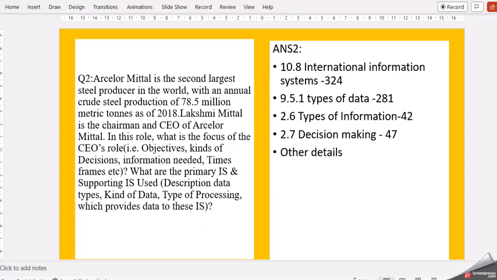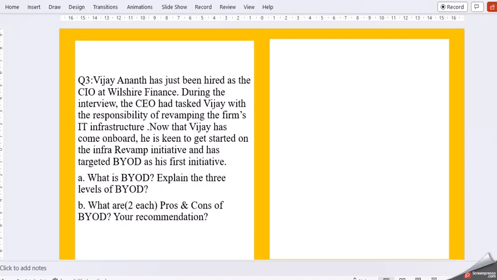Okay, moving to question 3. In question 3, Vijay Anant has just been hired as CIO, Chief Information Officer, at Wilshire Finance. During the interview, the CEO had tasked Vijay with the responsibility of revamping the firm's IT infrastructure.